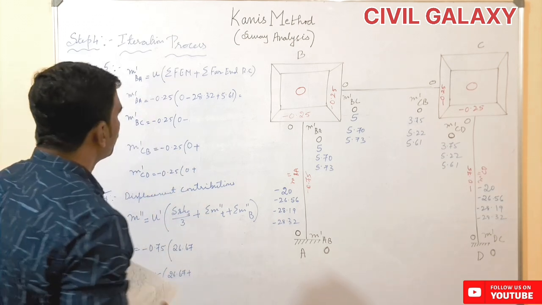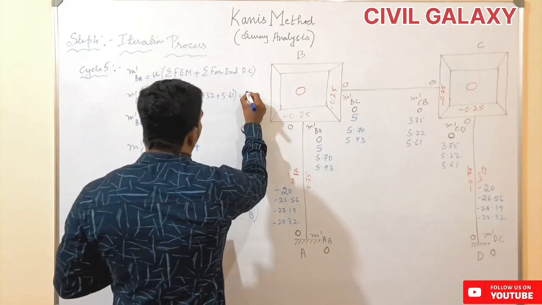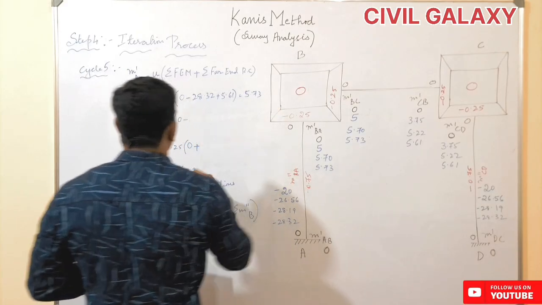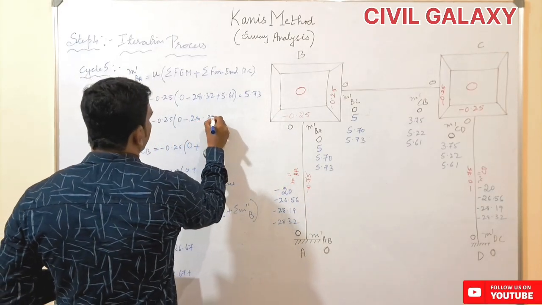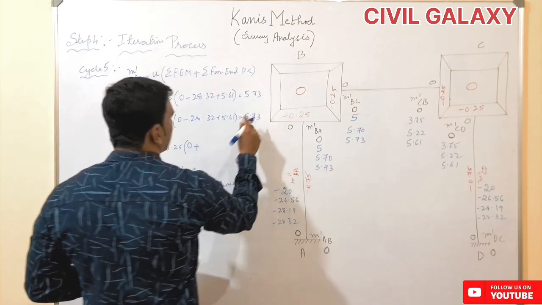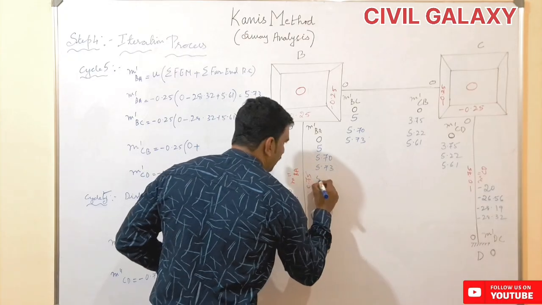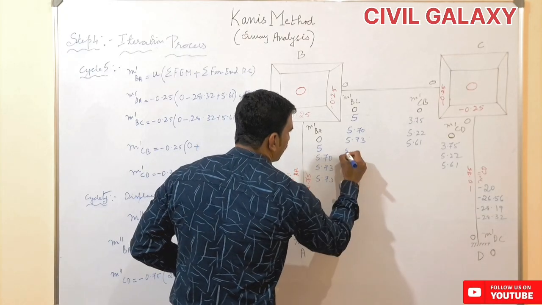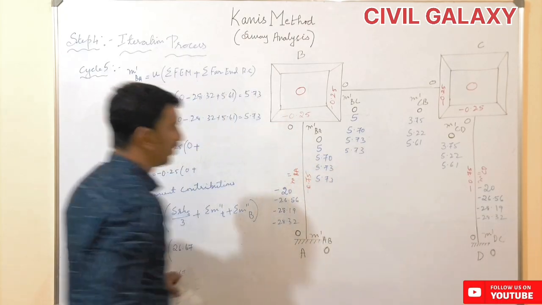So this will be equal to 5.73 again. So this is minus 28.32 plus 5.61, which will be equal to 5.73. So this value we will write over here, 5.73 and 5.73 over here.